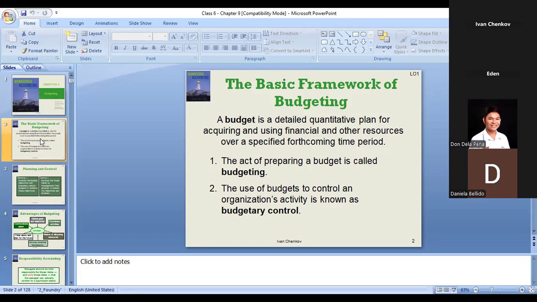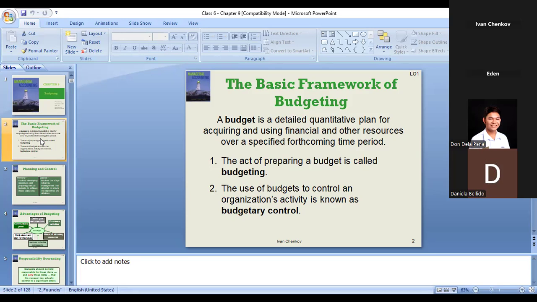Once we have objectives that we want to achieve or a goal that we want to reach, we start making a plan for how to reach that goal. During the process of planning, once we identify the alternatives and select one, then we prepare our budget.